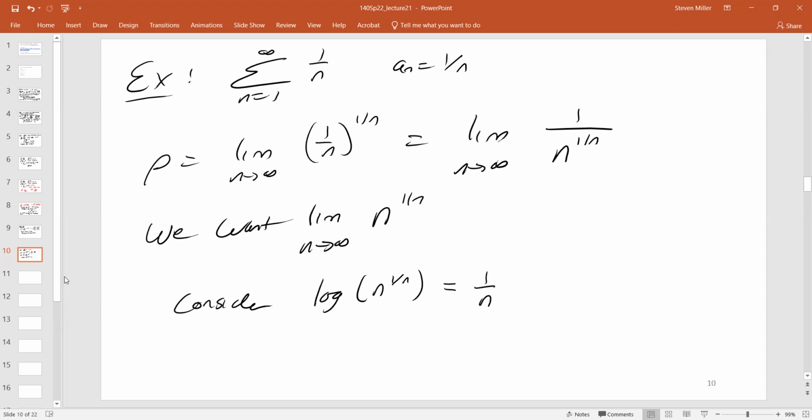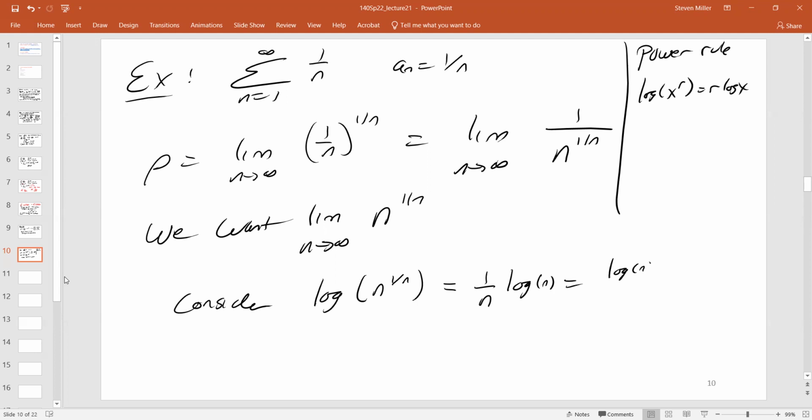We have the log of n raised to the 1 over n. So we're using the power rule. The log of x to the r is r log x. So if we have the log of n to the 1 over n, it's just going to be 1 over n times log n, or just the log of n over n.